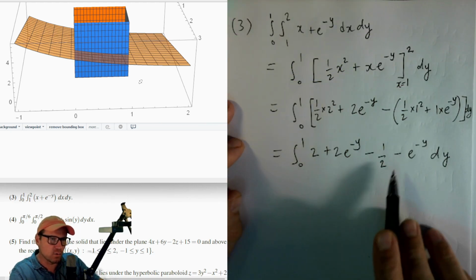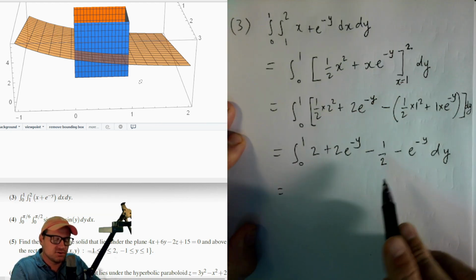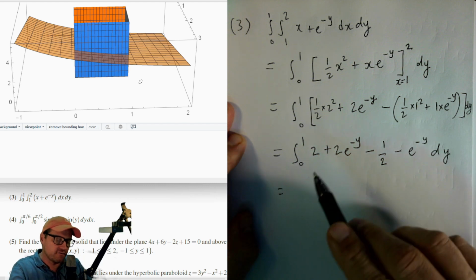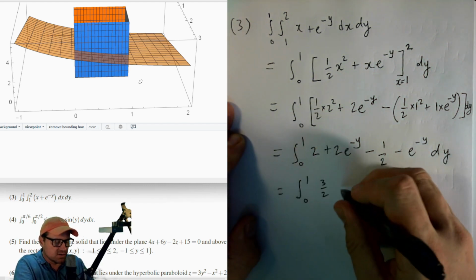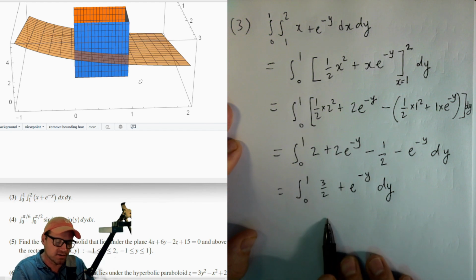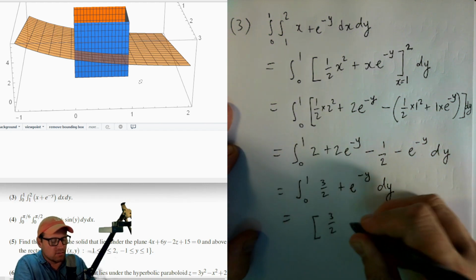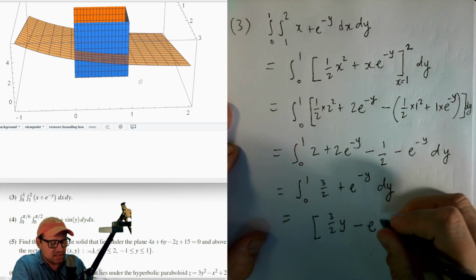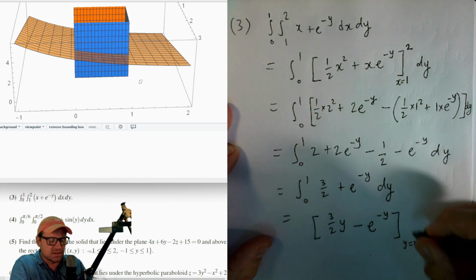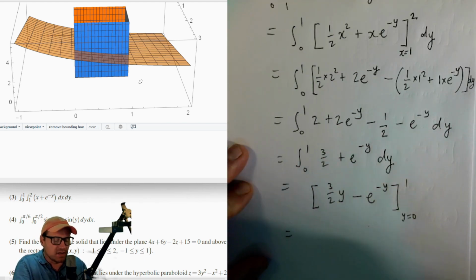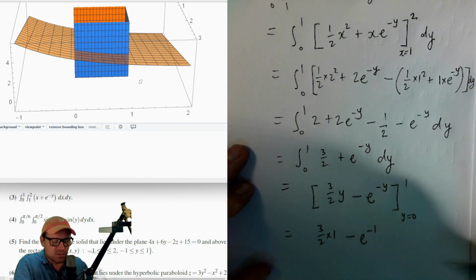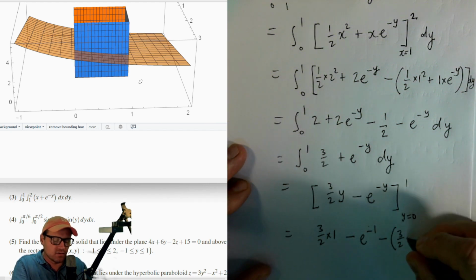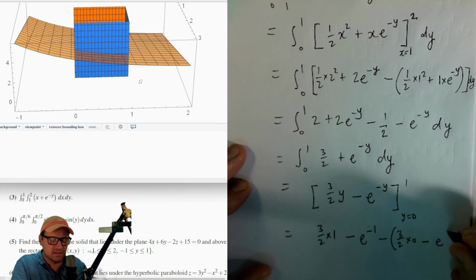Okay, so simplifying what we have inside before we integrate, 2 minus a half is 4 over 2 minus 1 over 2, which is 3 over 2. 2 minus 1 is 1. Okay, and so now integrating this with respect to y, 3 over 2 y, then minus e to the minus y, y equals 0 to 1. And so now subbing in y as 1, so 3 over 2 times 1, minus e to the minus 1, subtract 3 over 2 times 0, minus e to the 0.